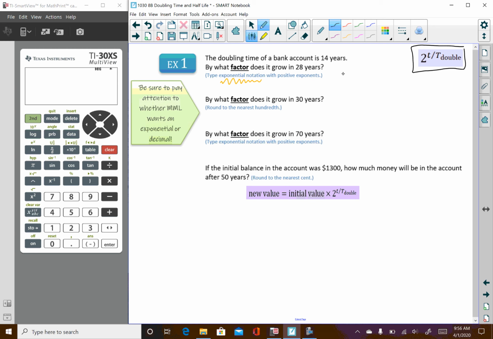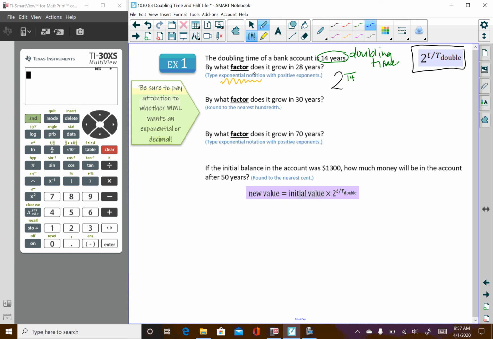So it's base 2, and then our power here is going to be the amount of time that passes divided by the doubling time. Well, the doubling time is 14 years. That's the denominator of that fractional power.